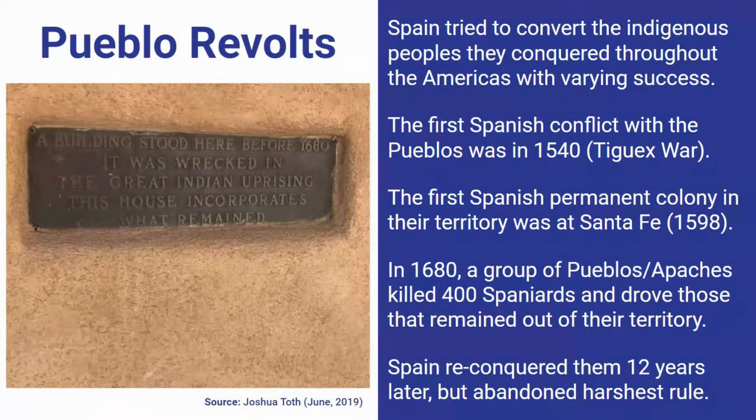They killed 400 people, drove the rest of them out, and for 12 years they were in control. At the end of that 12-year period, the Spanish reconquered that area, but they did abandon really the harshest elements of their rule. They tried to embrace Pueblo society and bring the Pueblos into Spanish society a little bit more, rather than the more brutal posture that they had taken the first time around.